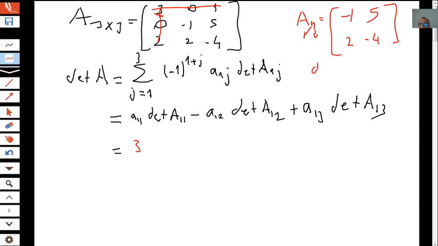So the determinant of A11, let's write directly the result, is equal to, if you remember, ad minus bc. Therefore, we obtain 4 minus 10, which becomes minus 6.